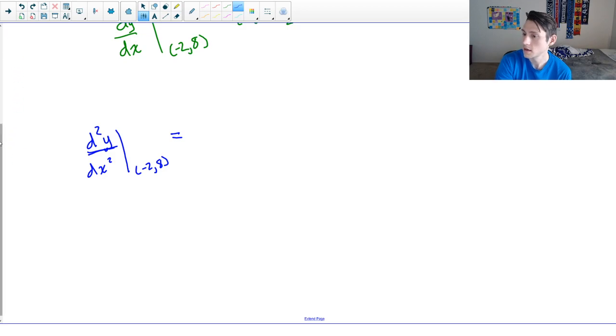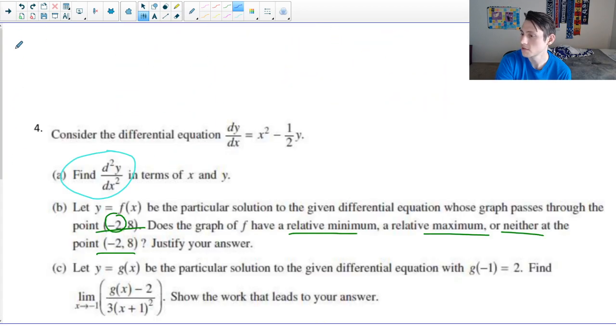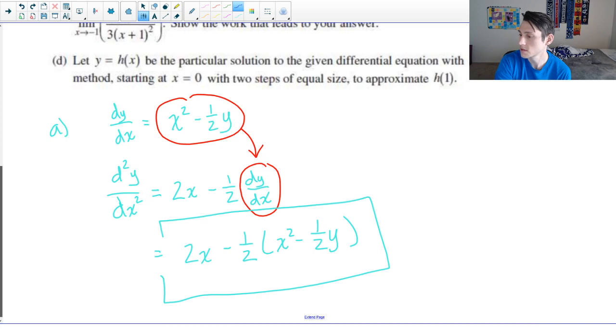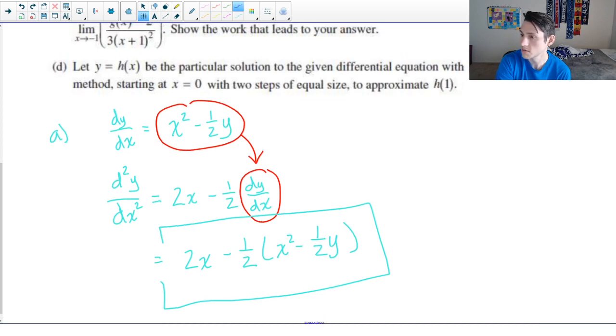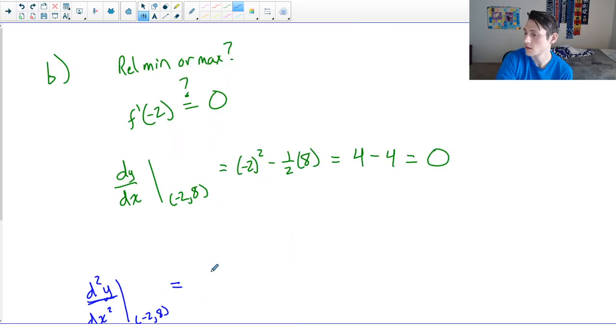All right, the second derivative formula was much longer. What was it? I'm never going to remember that. 2x minus 1/2 times x squared minus 1/2 y. So 2x, so 2 times negative 2, minus 1/2 times x squared minus 1/2 times y.